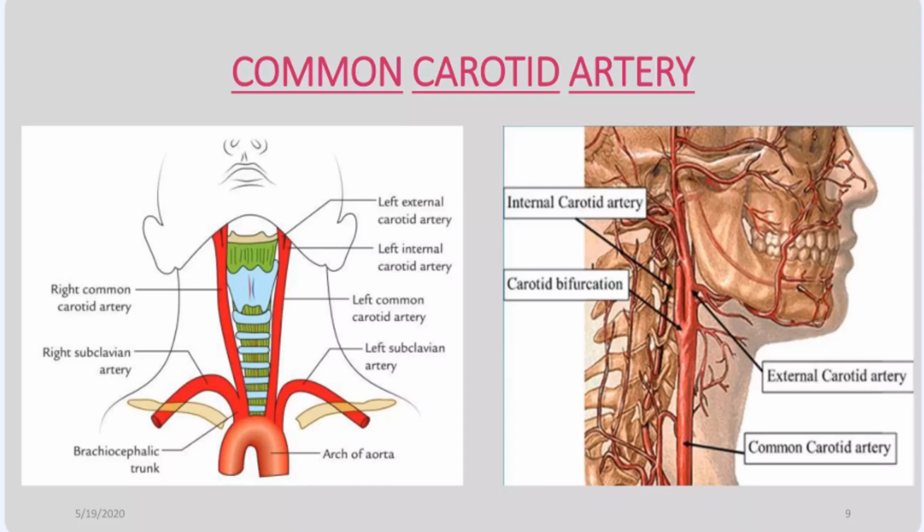These are the major blood supply vessels of the head and neck region. So coming to the common carotid artery, it divides into external carotid artery and internal carotid artery on both the sides.